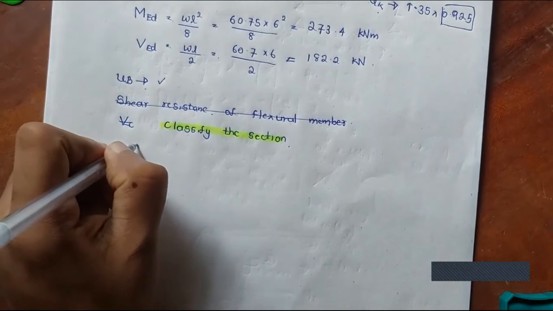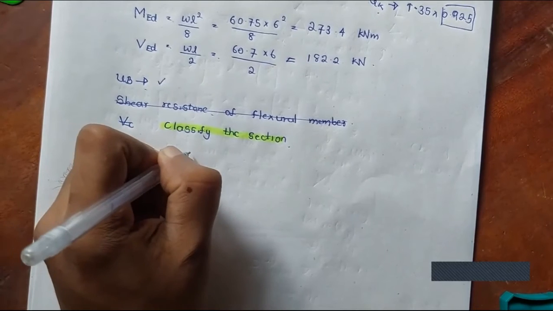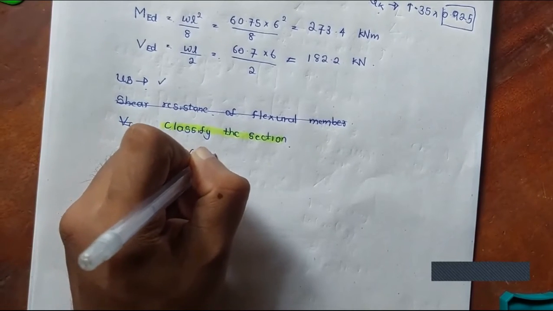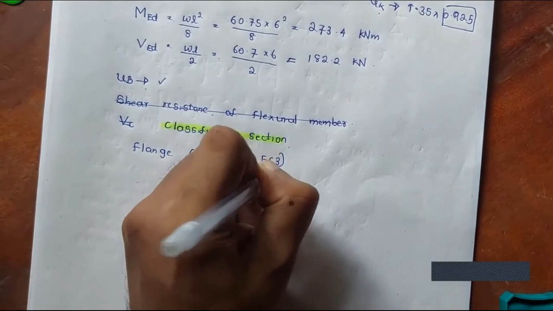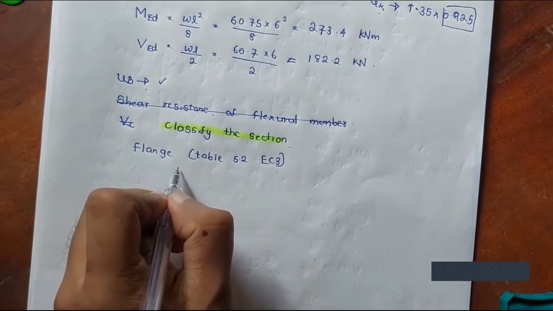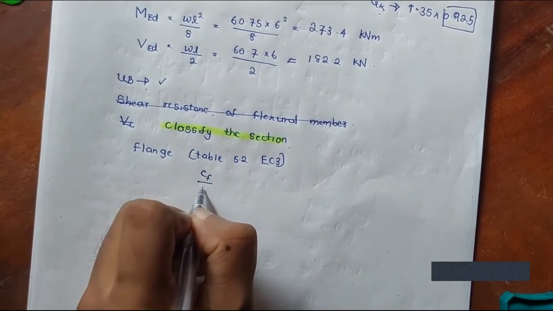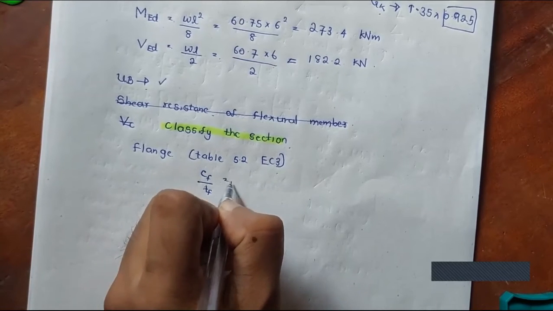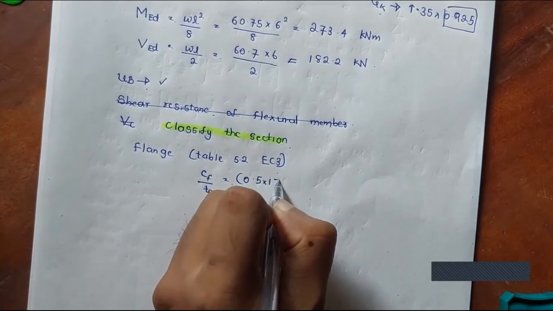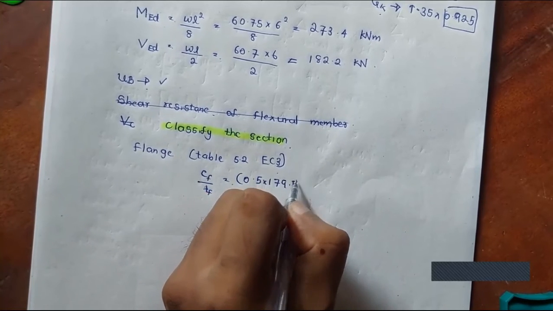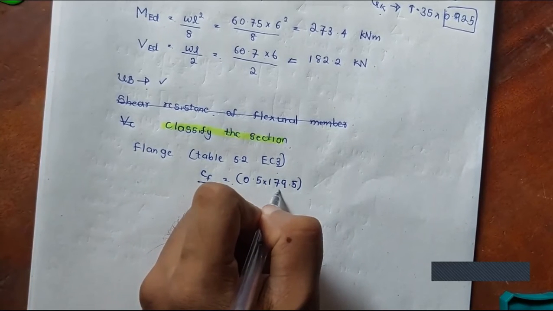So for the flange, you can see table 5.3 of EC3, so Eurocode 3, right? So it gives the CF or TF value, 0.5. This is the flange width, right?